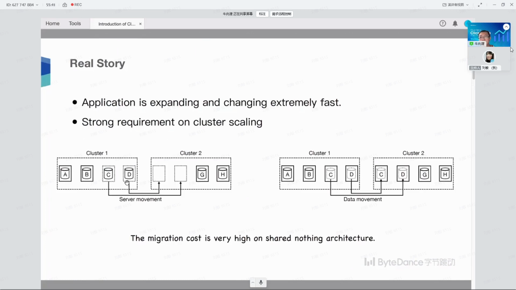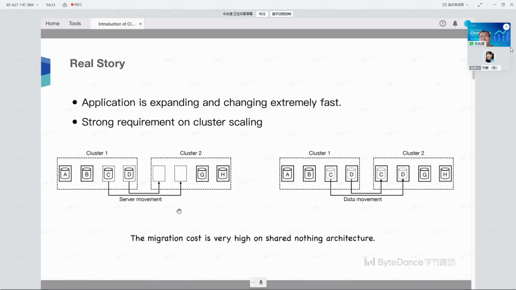But the challenge is the data. These two servers have their own data, so before we move them to cluster 2, we need to move data C and D to the other servers in cluster 1, and then we start the movement. And when the two new servers come to cluster 2, in order to utilize them, we still need to rebalance some existing data in cluster 2 onto these new servers.